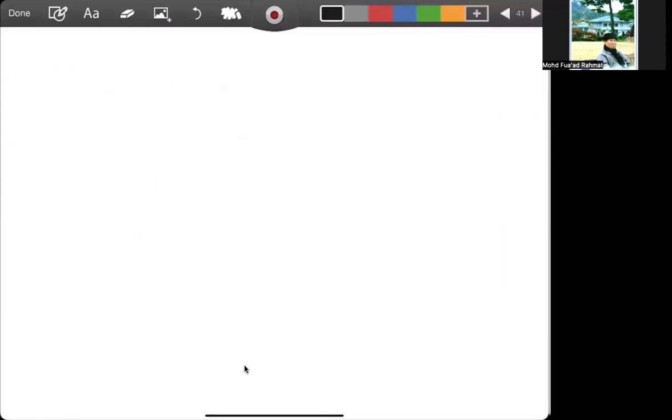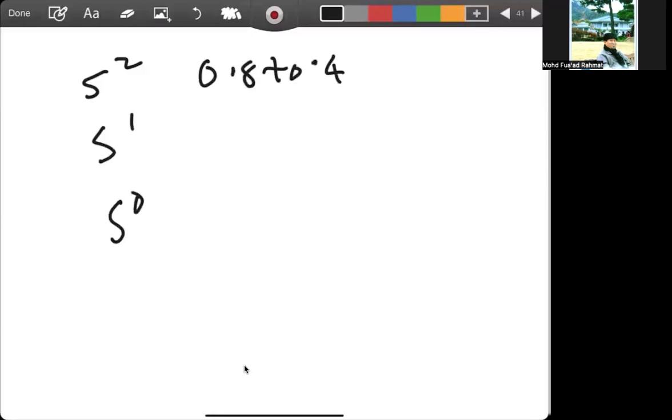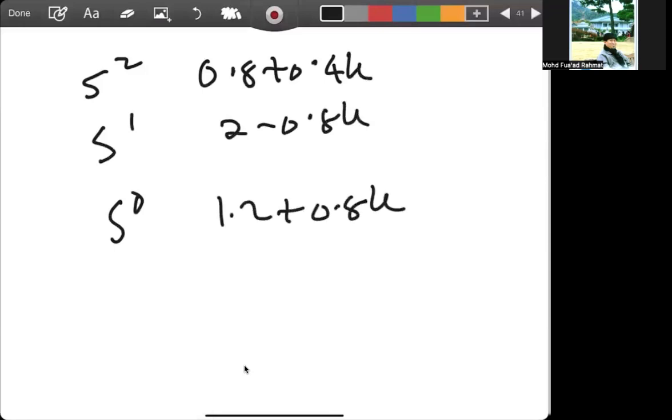Okay, which is s square, s1, and s0. So you will get 0.8 plus 0.4k, 2 minus 0.8k, 1.2.